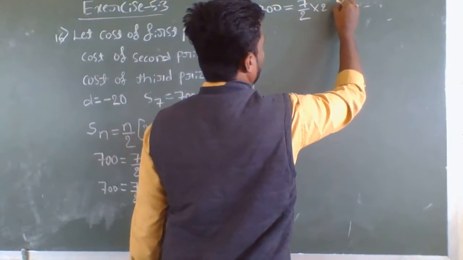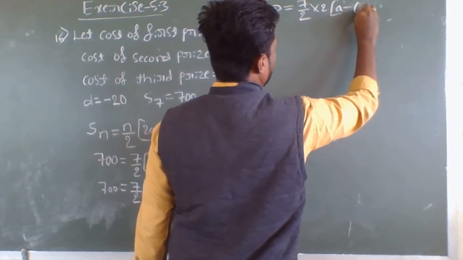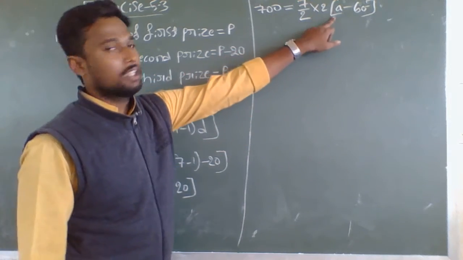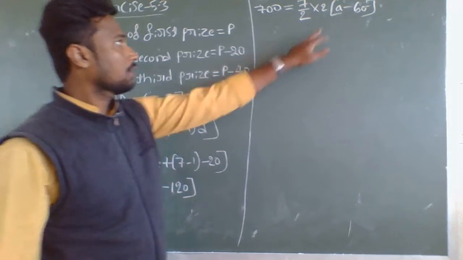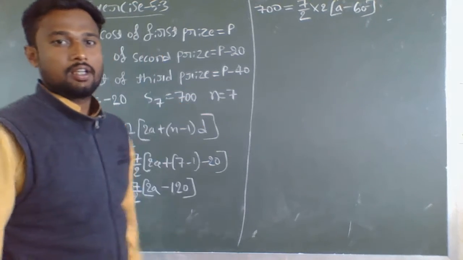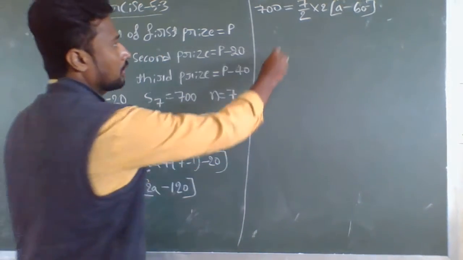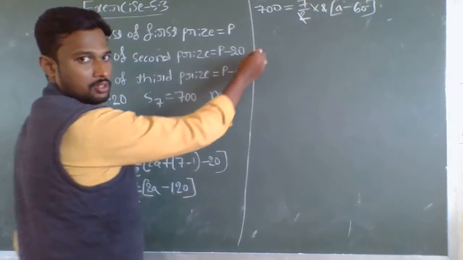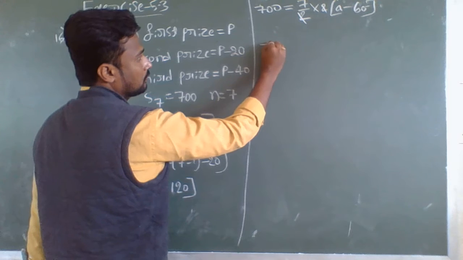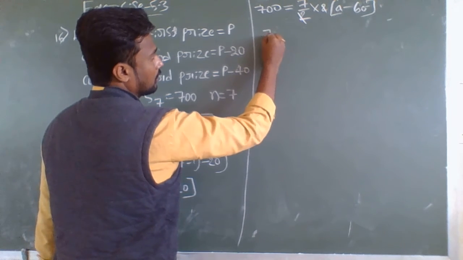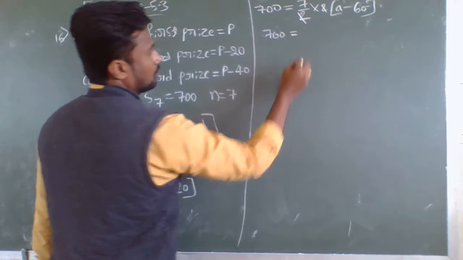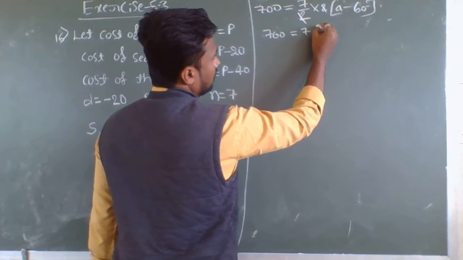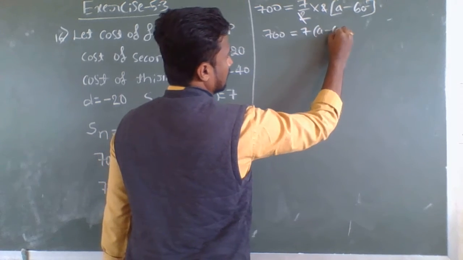Here I will write a minus 60. So 2 into a means 2a and 2 into 60 means 120. Now we cancel this 2 and this 2. So now 700 is equal to 7 into a minus 60.